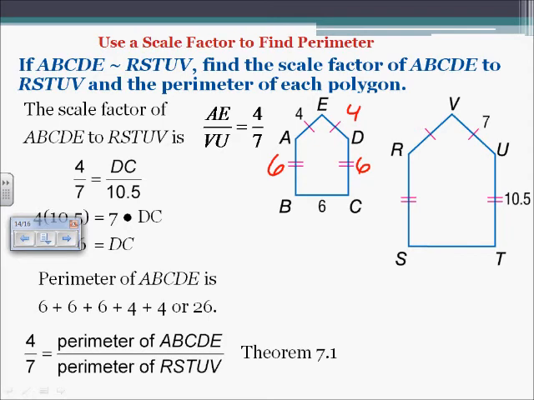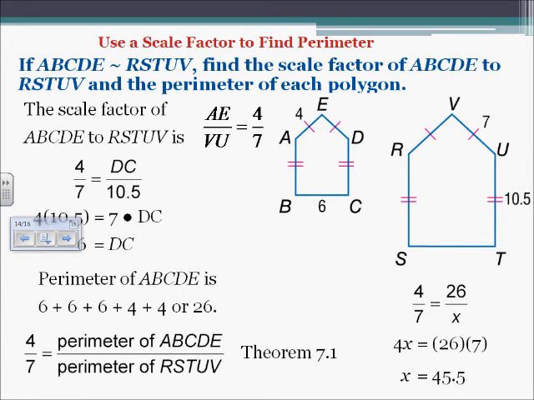So the perimeter of the other figure is going to be 4/7 equals the proportion of 26 over x. Cross multiply, and x is equal to 45.5. So the perimeter of the second figure is 45.5.